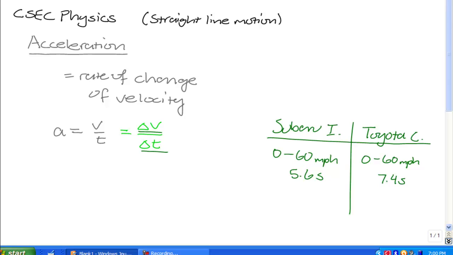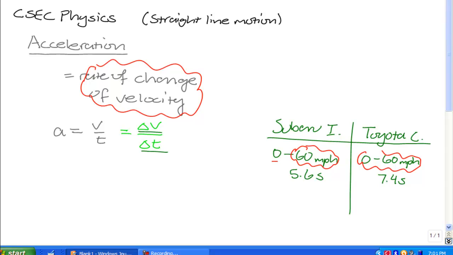Now, without any further questions, which one of these cars do you think has the higher acceleration, the larger acceleration? Remember, acceleration is the rate of change of velocity. In this case, this 0 to 60 is the velocity that we're considering. Have an answer yet? The answer is the Subaru.